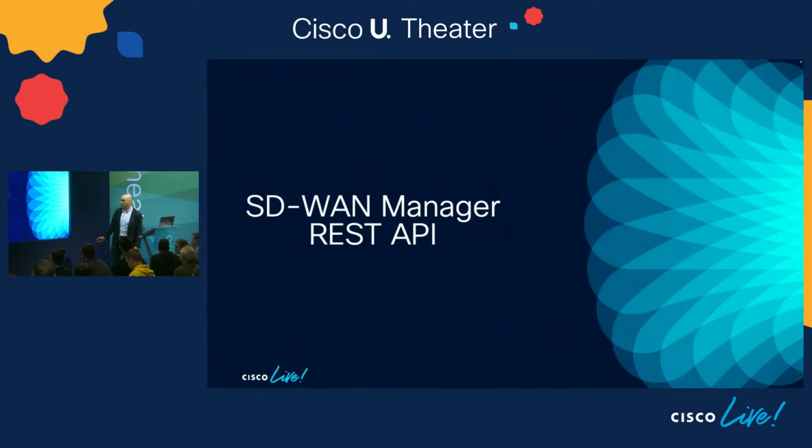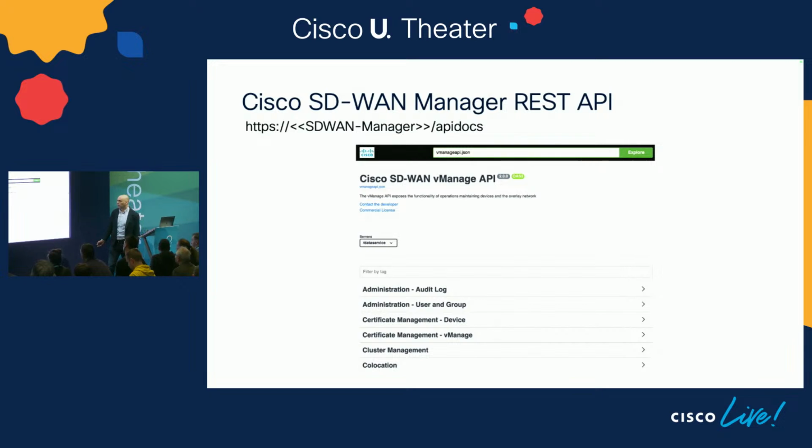All right, so the REST API. You can find the API documentation on the manager instance itself. If you put the host name or the IP address of your manager and go to /apidocs, that will give you this page, which has a list of all the API endpoints. What that means is you can see, for example, administration, user and groups.